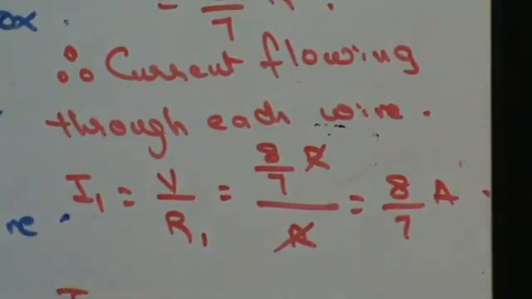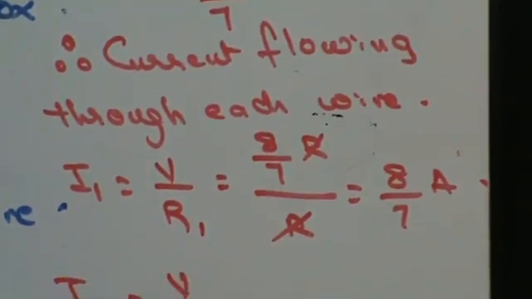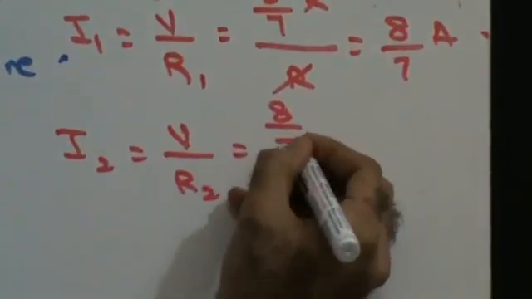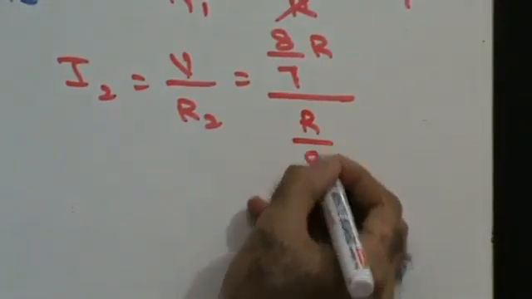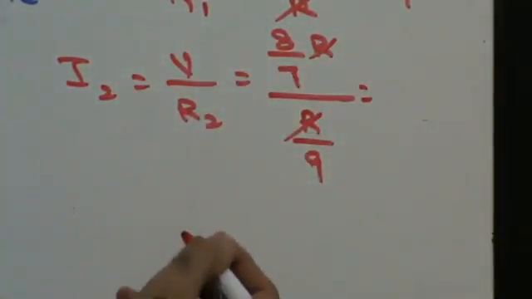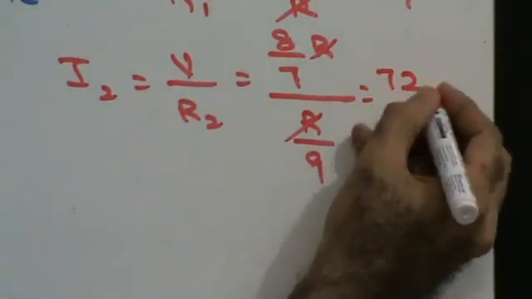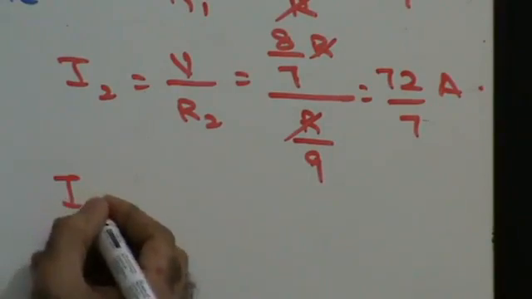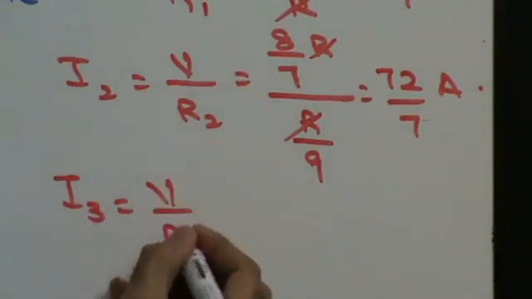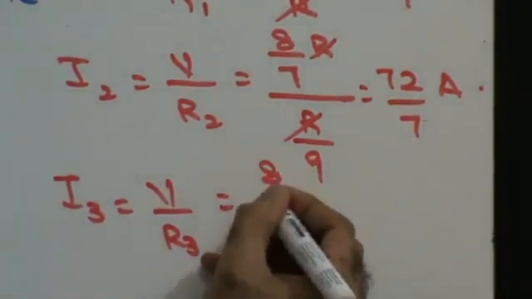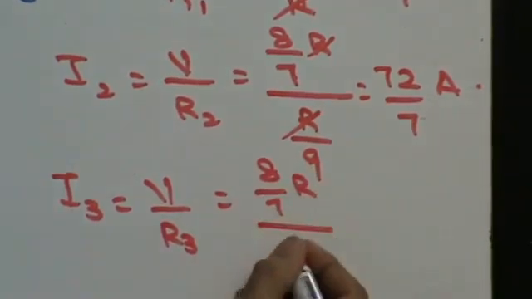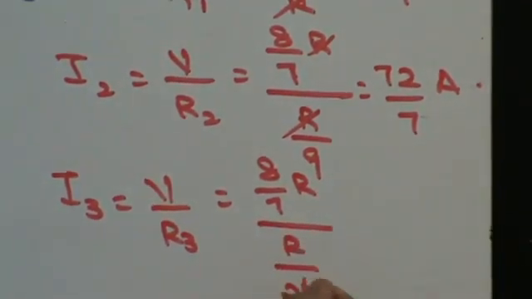Similarly, I2 is V upon R2, that is 8 upon 7 R divided by R upon 9, so 9 8s are 72 upon 7 amps. Similarly, I3 is V upon R3, that is 8 upon 7 R divided by R by 25.